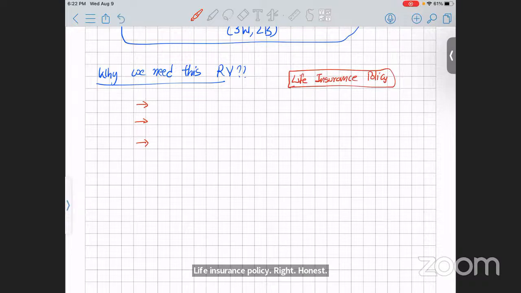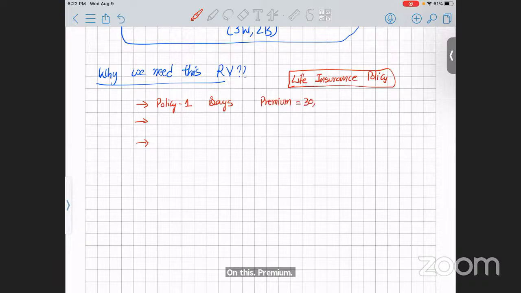Policy one says premium equal to 30,000 per year and benefit after maturity is equal to 30 lakhs.